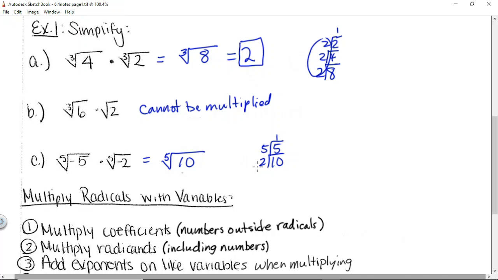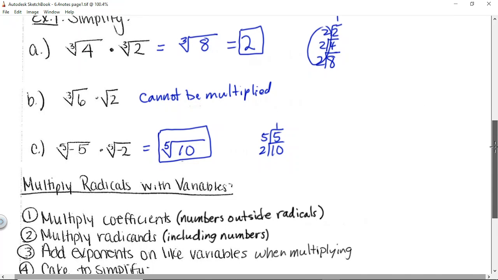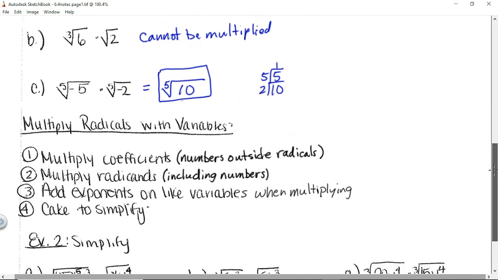So all we have is this 2 and 5. We don't have any groups of 5, and so we don't pull anything out, and so this is the answer, just like that. Nothing to pull out of the radical, so everything stays inside. It's 10.